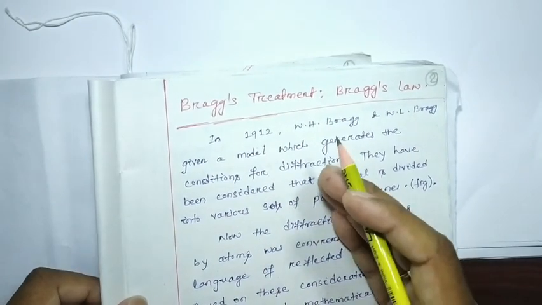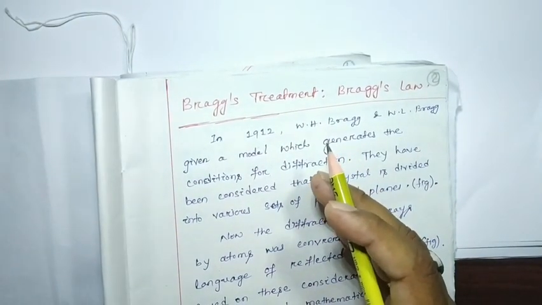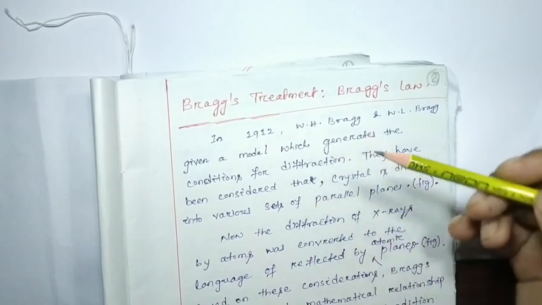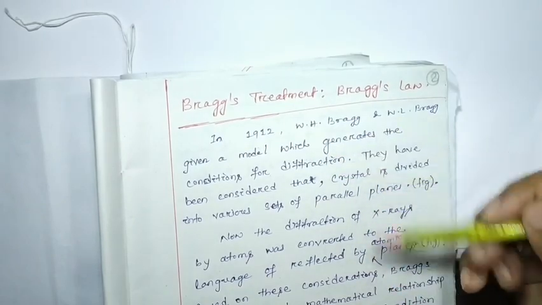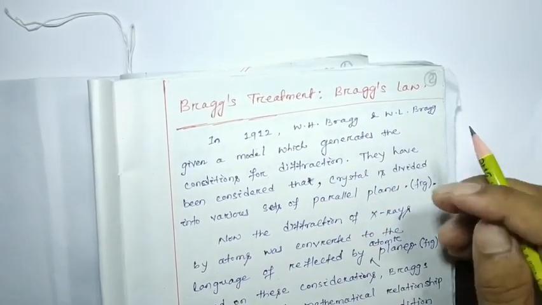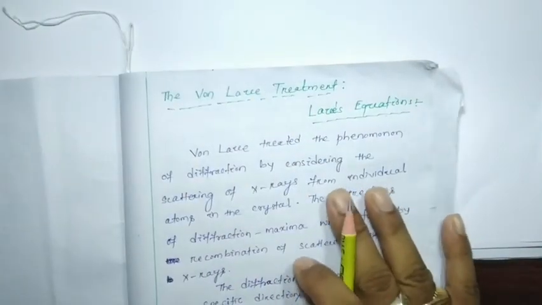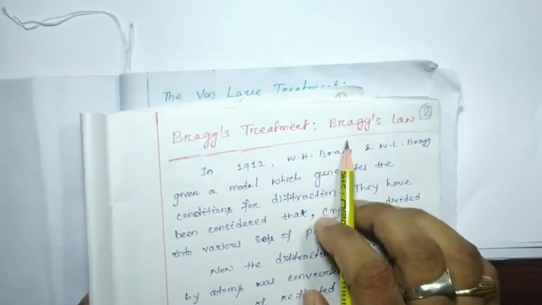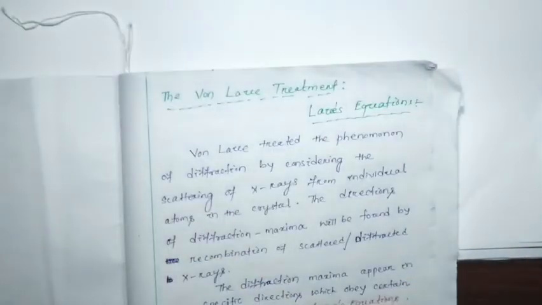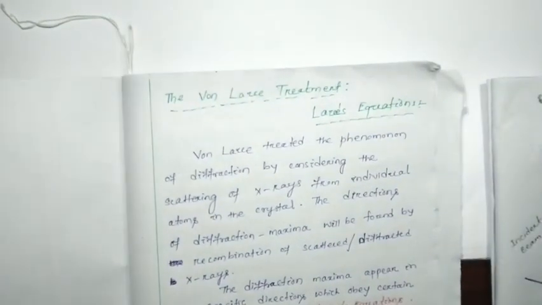We have given it previously, and I will give the link of this explanation in the description of this video. Okay, so now we have to start the Van Laue treatment, or Laue's equations.